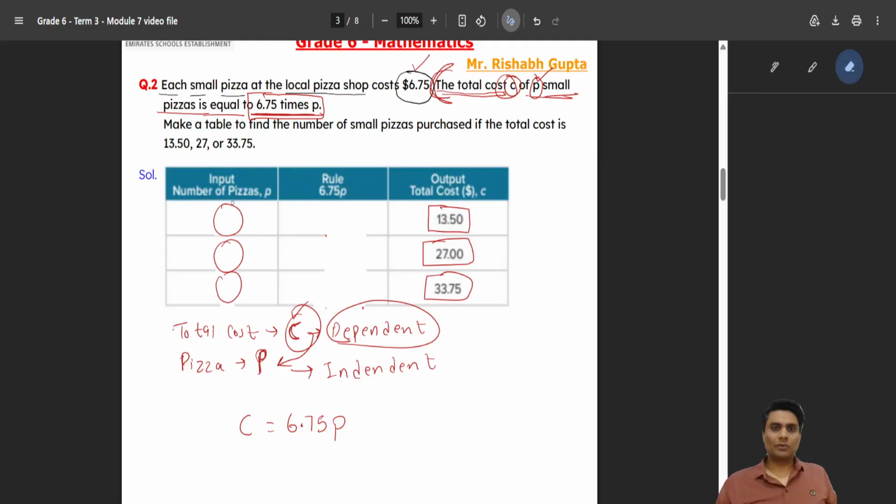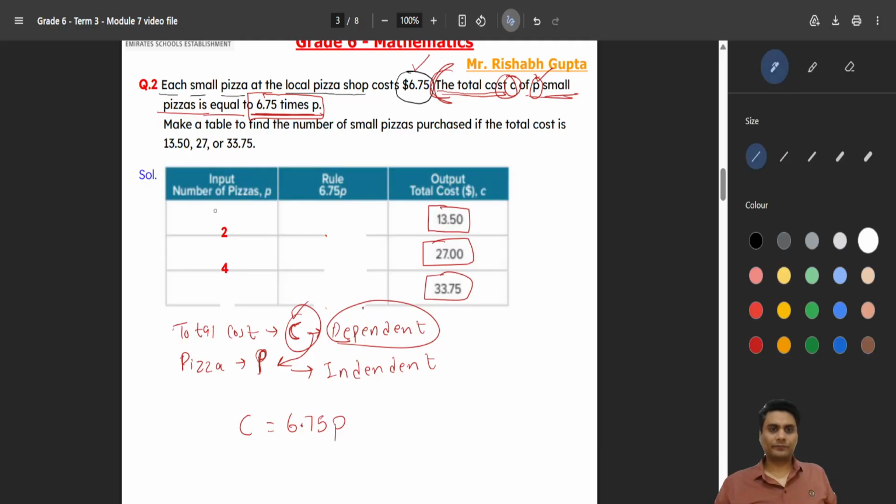First, I will tell you the short way, which only works when you have easy numbers. Now see, here the rule is 6.75 times P. So I have to think: 6.75 times how much will give me 13.5?